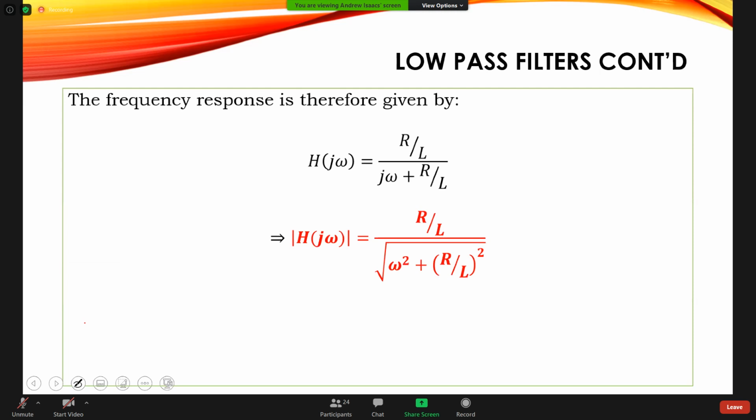The modulus of H of j omega, going back to what we said earlier, once we had the transfer function, would give us the magnitude and the phase. So the magnitude is given by r over L, over the square root of omega squared plus r over L, all squared.